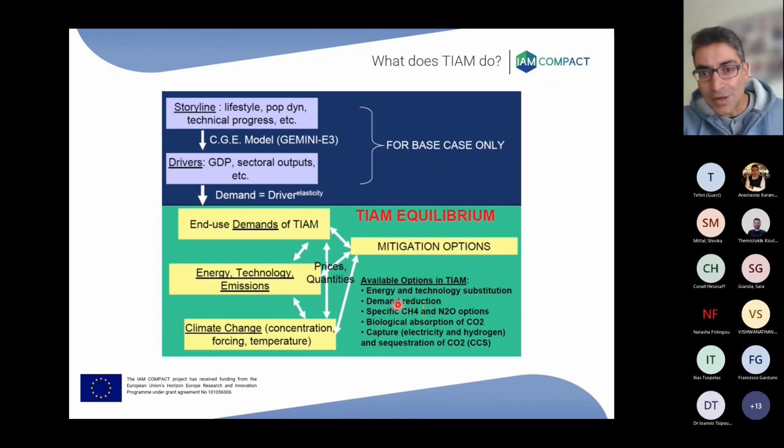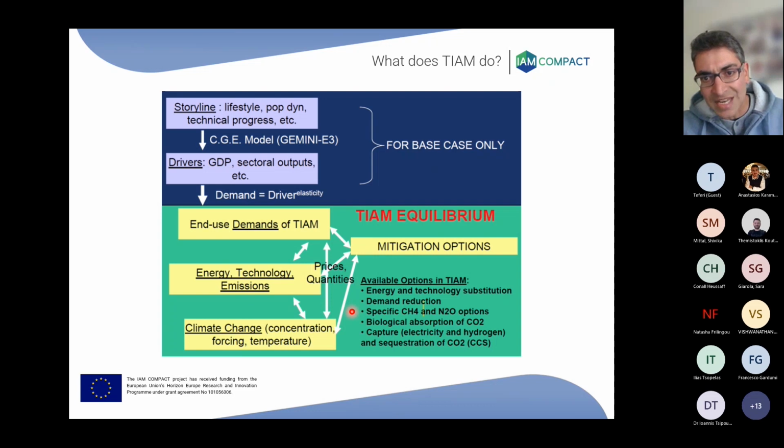We have lots of different available mitigation options. Energy and technology substitution, like I just described. We have demand reduction. We have assumed elasticities of demand for energy responding to price increases or falls in energy costs. We do have some specific methane and nitrous oxide options, but again, we don't really use those.